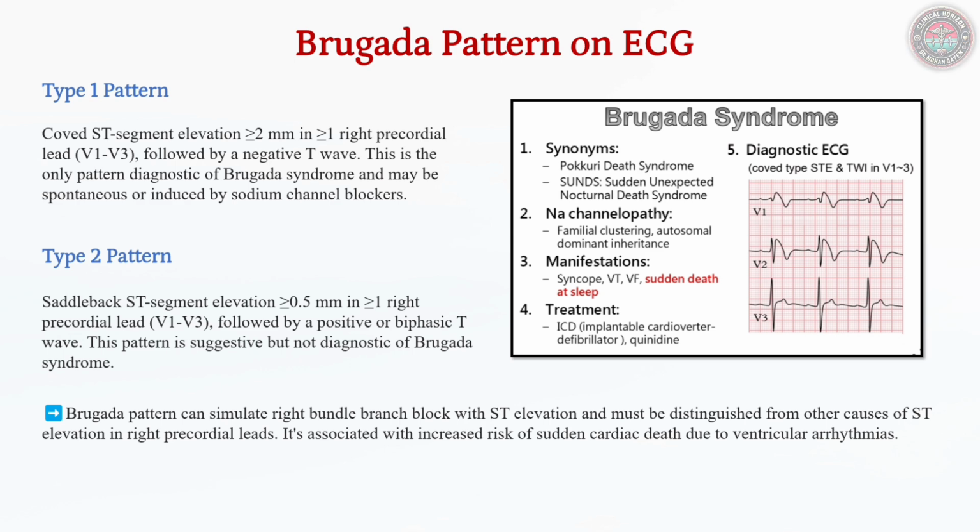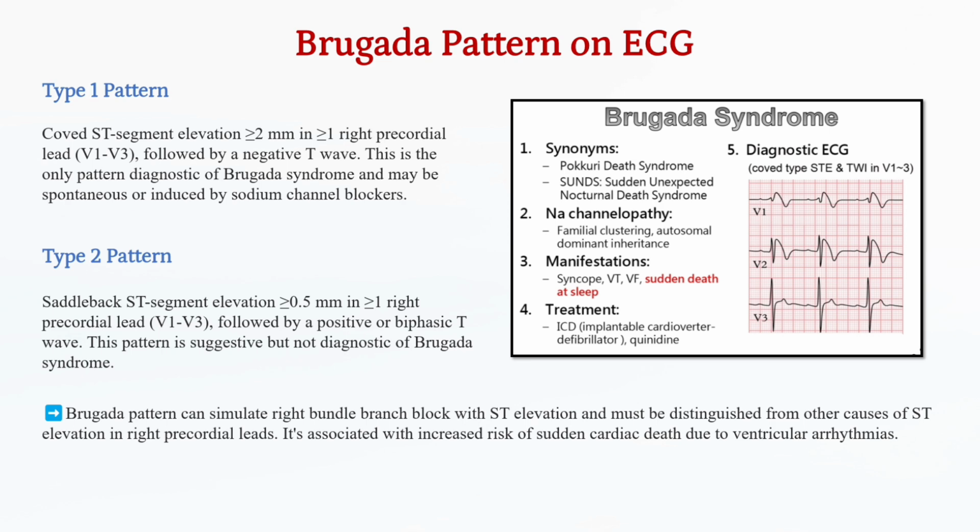Type 2 Brugada, with a saddleback ST elevation pattern, is less specific but warrants further evaluation. Recognition of this pattern is critical, as patients with a spontaneous type 1 Brugada ECG may require implantable cardioverter defibrillator, or ICD, therapy for sudden death prevention.